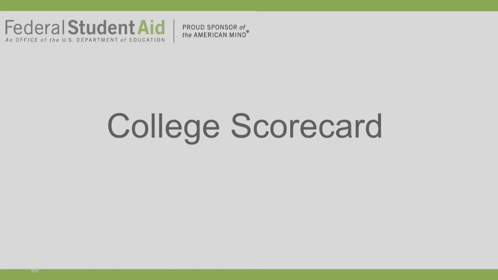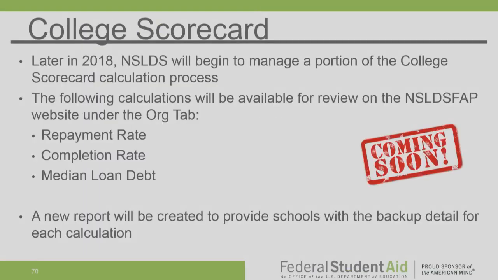College Scorecard. Cynthia mentioned a bit in the federal update about data quality, and Scorecard was one of the things she mentioned. There's not a whole lot to tell you at this point, but later in 2018, NSLDS will begin to manage a portion of the College Scorecard calculations.